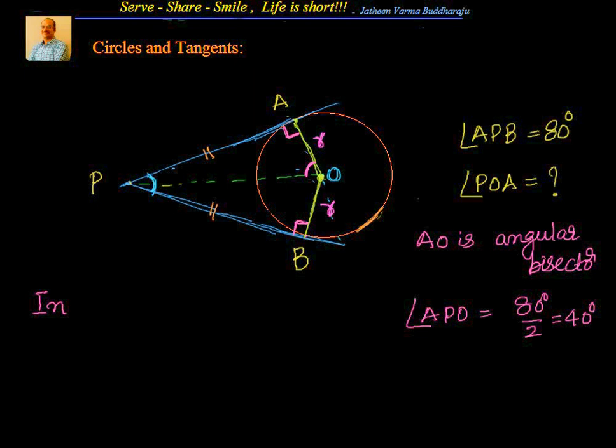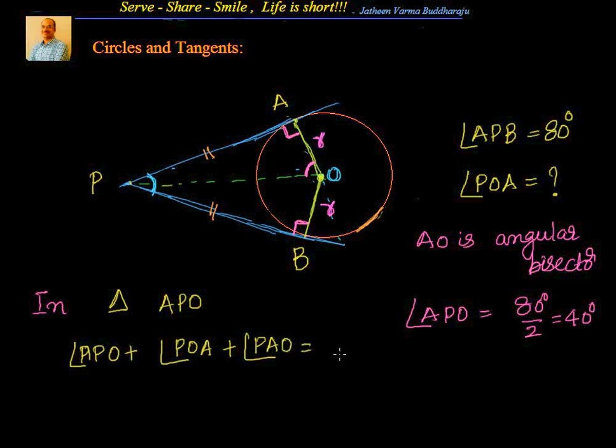So I'll write down in triangle APO, angle APO plus angle POA plus angle OAP, or can I say angle PAO, equal to 180 degrees. And we know angle PAO is 90 degrees.